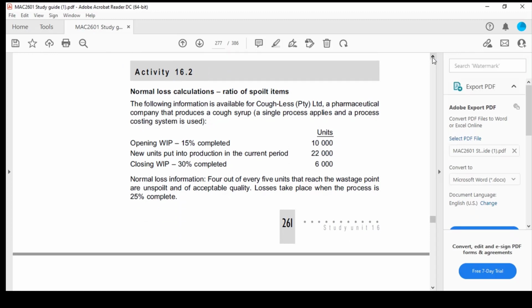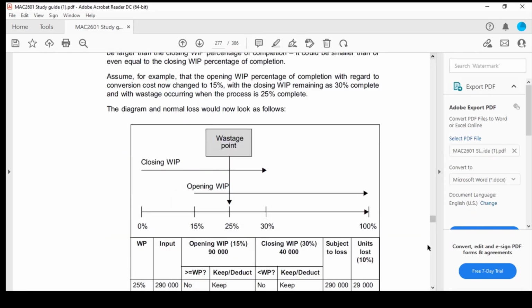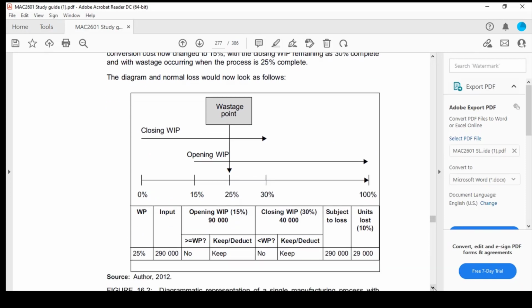What is required of you is understanding the rules. When I have a normal loss, I have to start by looking at how many units I started this process with. So I have an opening WIP. How many units were put into this production? Then they tell me in total 290,000 units are going to go through this process.